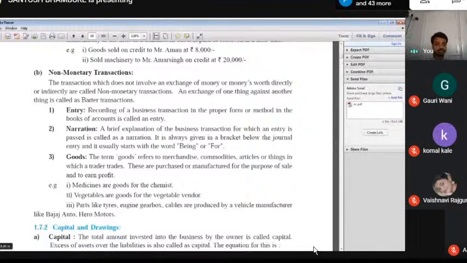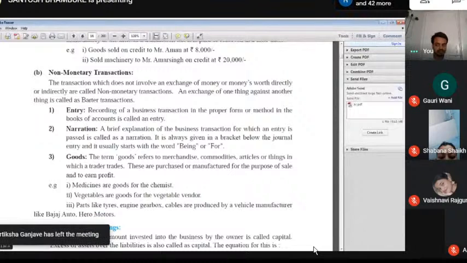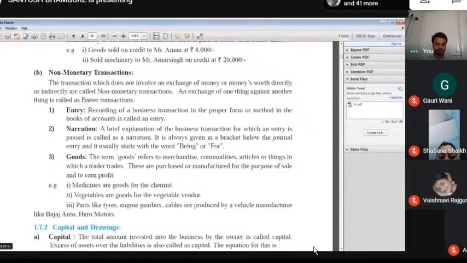Okay, who is showing me that entry? Entry is son account debit to mother account. Yes, Shabana, have you written that entry? My voice is coming or not?